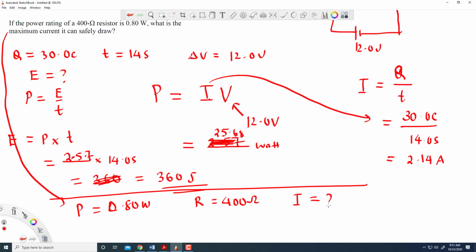Current is what? We can write power as I squared times R. This is another way to write power, the same thing as I times V, and I is what we need to find.